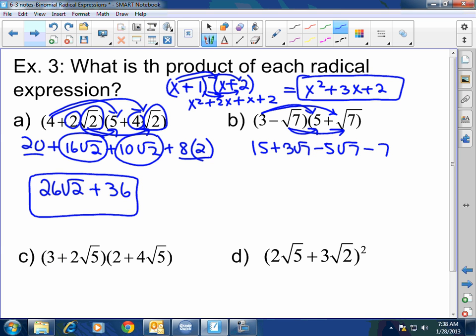Because the square root of 7 times the square root of 7 is 7. So now add like terms. 15 minus 7 is going to be 8. And you have 3 square root of 7 minus 5 square root of 7. So I'm going to have negative 2 square roots of 7 plus 8. Done.